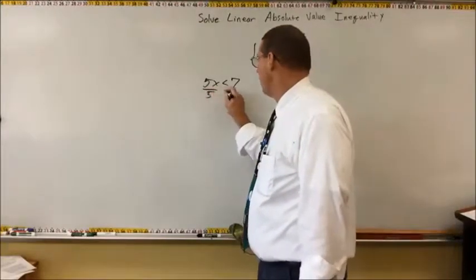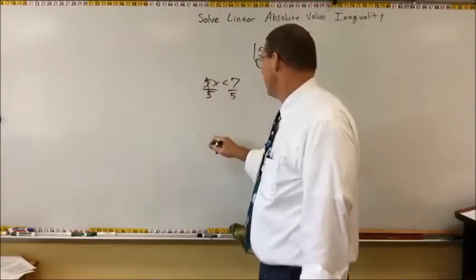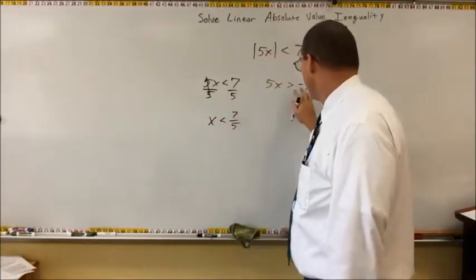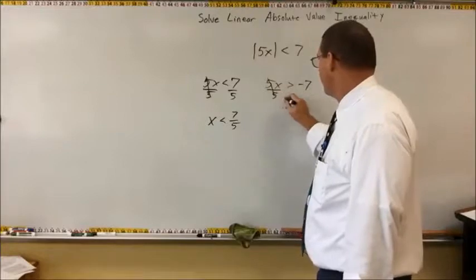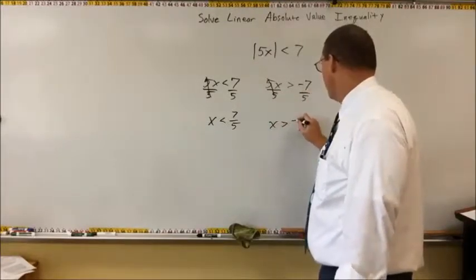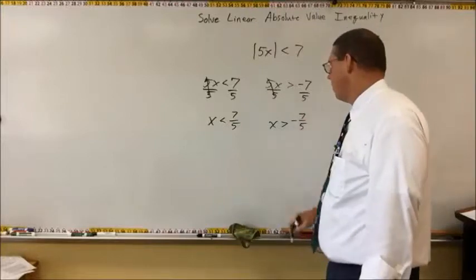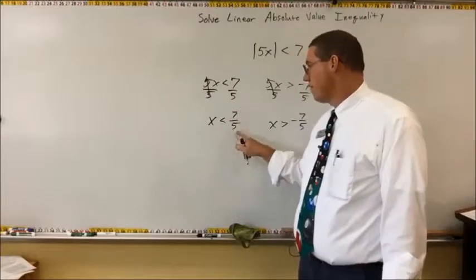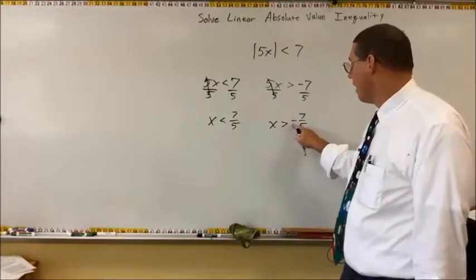Divide by 5, cancel, and we get x is less than 7 over 5. Then over here, divide by 5, cancel, and we get x is greater than negative 7 over 5.